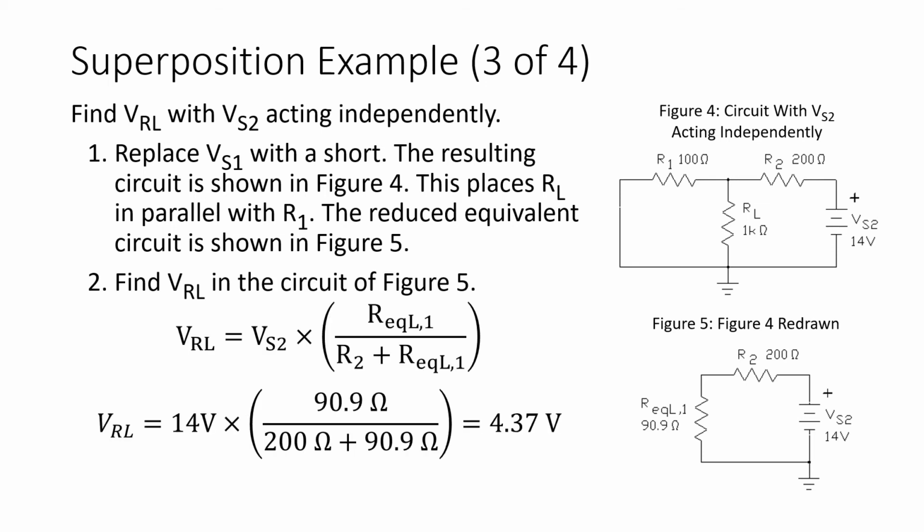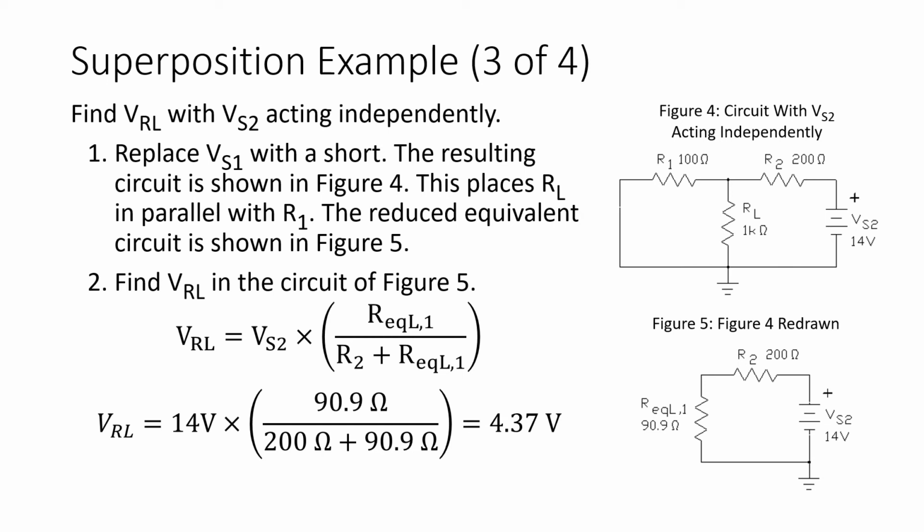And we can determine the voltage across the load, which is equal to the voltage across this equivalent resistance, REQL1, using the voltage divider formula, VS2 times R equivalent L1 over R2 plus R equivalent L1, and we get a voltage of 4.37 volts.